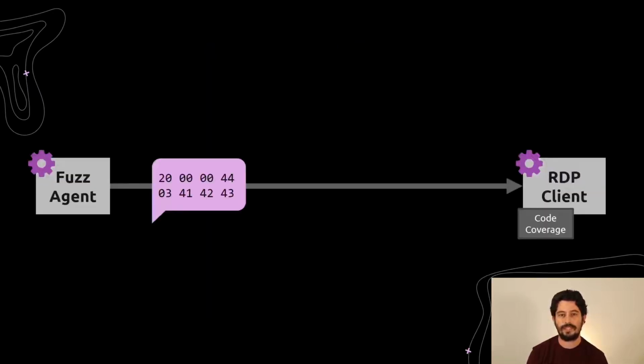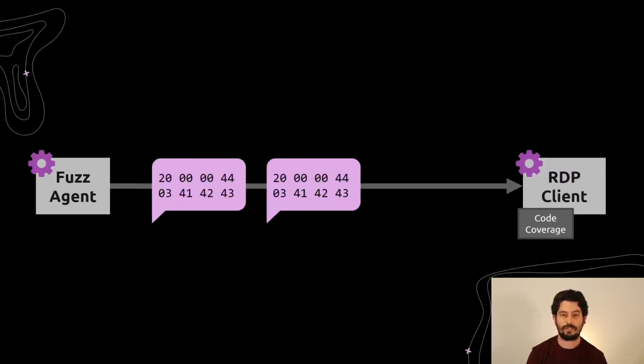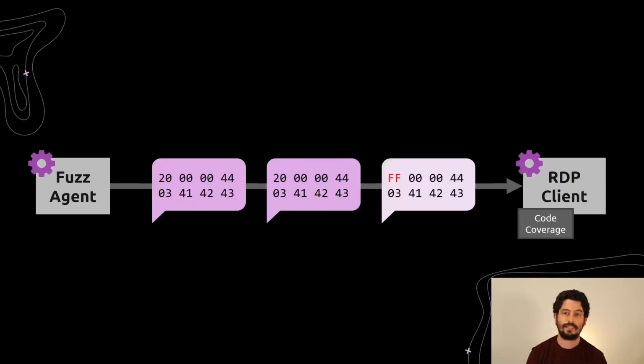What you can see here is there are a few normal messages that are transferred on the connection, and the last one is our fuzzing message. This is a test case that was generated by the fuzzer. Now, in order for coverage-guided fuzzing to work, there must be a one-to-one correspondence between the inputs and the code path that they triggered.